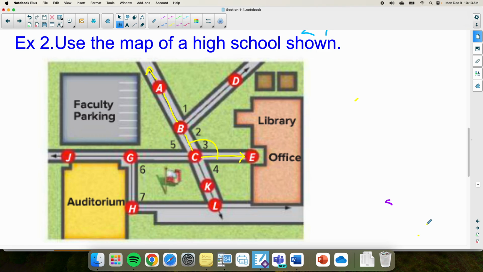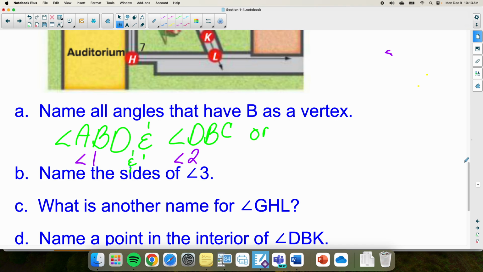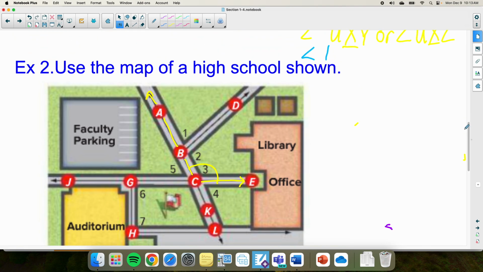If I was naming this ray from C through B to A, which point has to come first? C, right? So I'm going to name that as ray CB, which also could have been named, just so you know, as CA. That would have been fine.